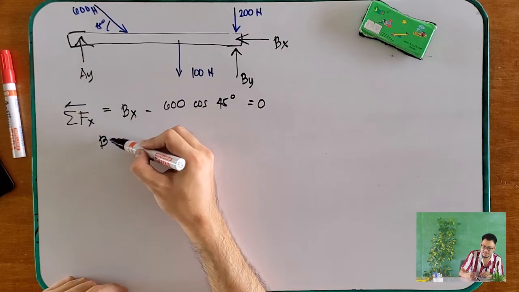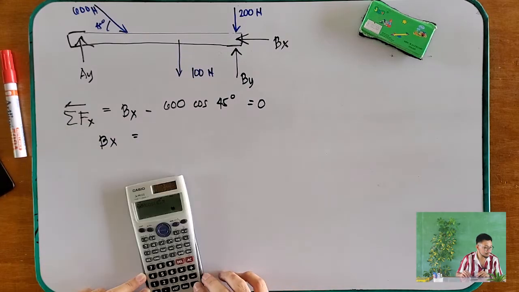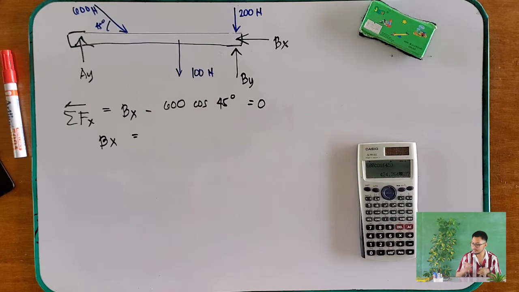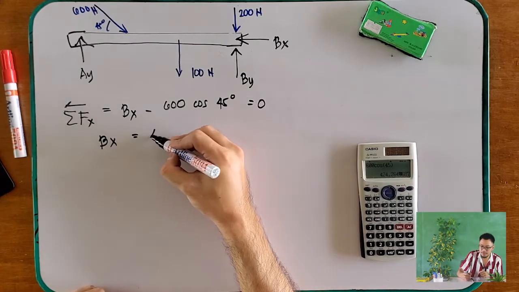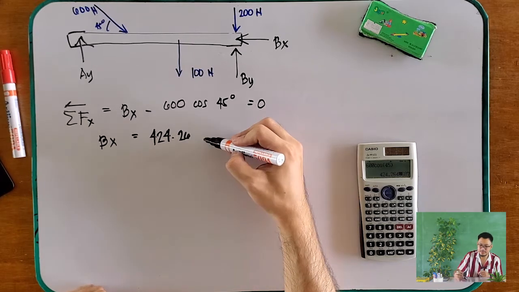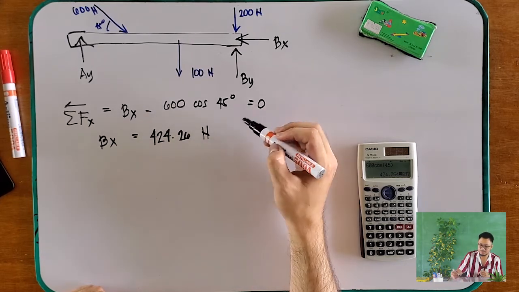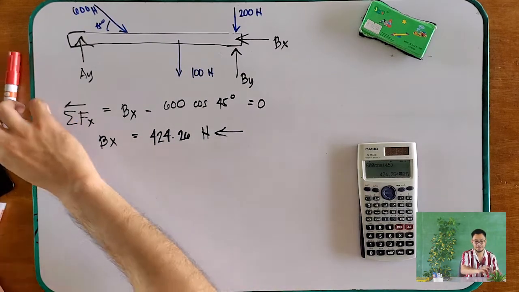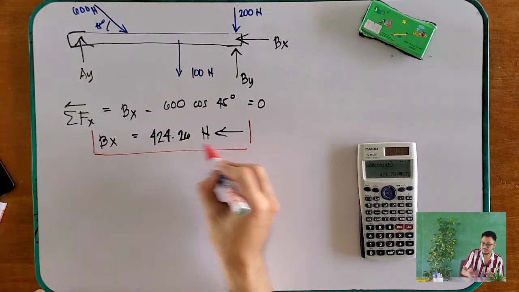Therefore, your B_X is equal to 424.26 newtons. Okay? So your X is going in that direction. This is your final answer.